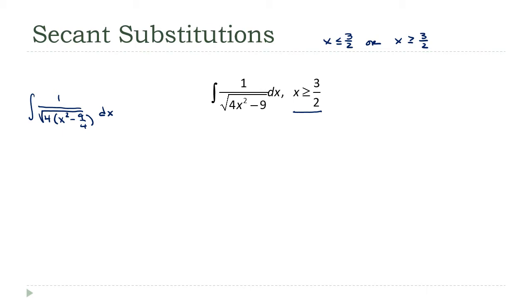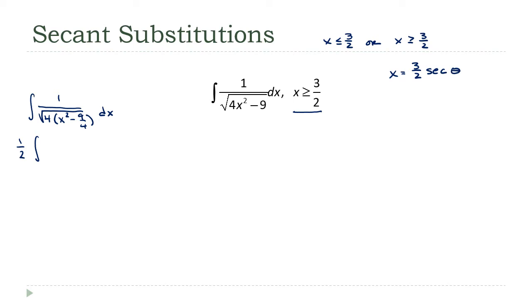Okay, so now let's pull that out. The square root of 4 is 2, so let's pull that 1/2 out, and then we have the integral. And now let's set up our substitution. My substitution is going to be x equals 3 halves secant theta.